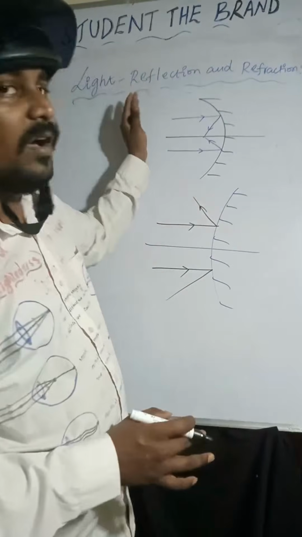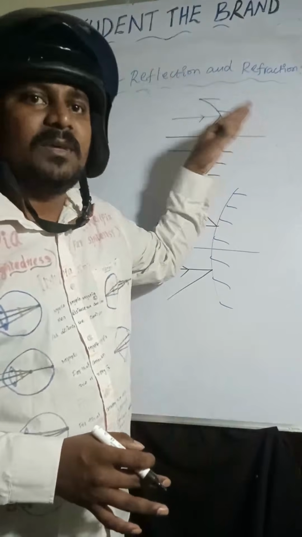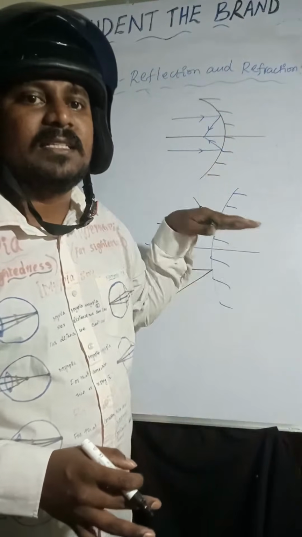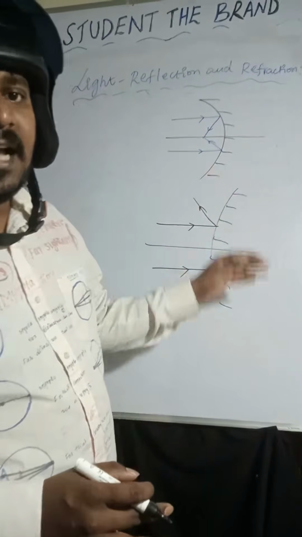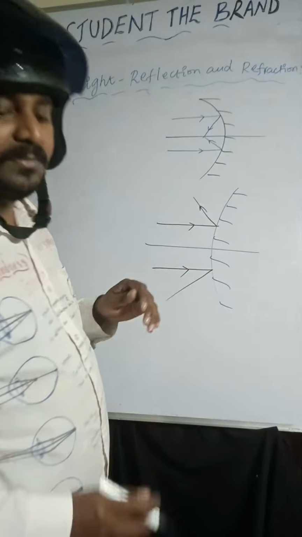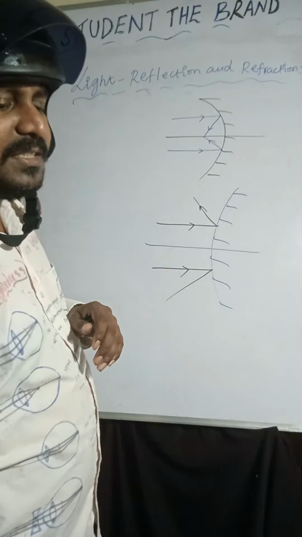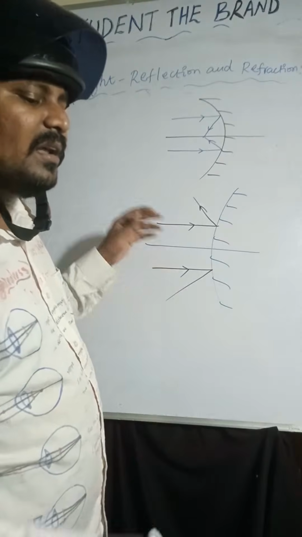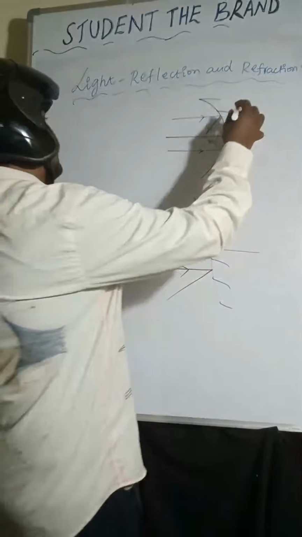That's why concave mirror is known as converging mirror, whereas convex mirror is known as diverging mirror.